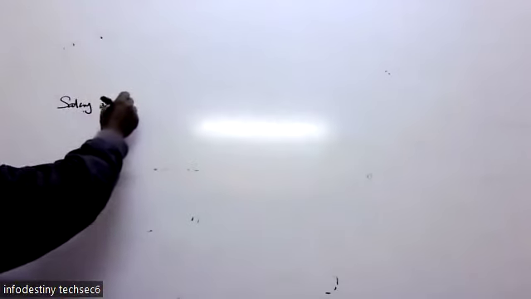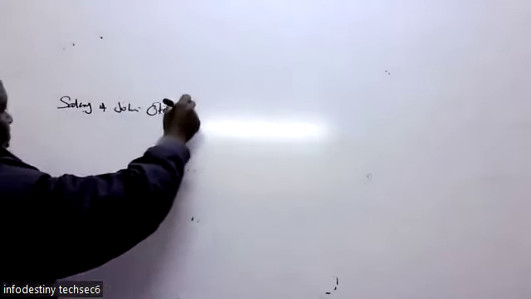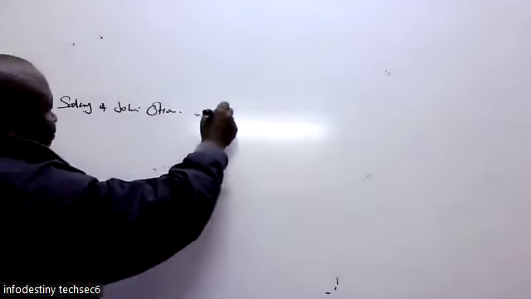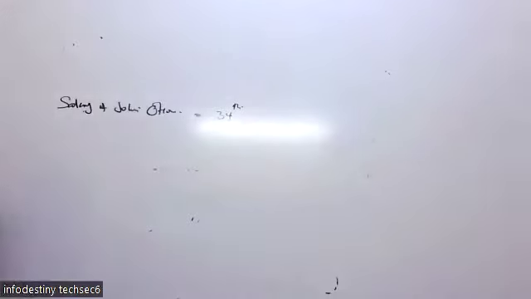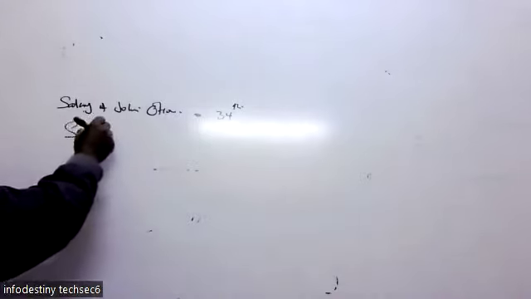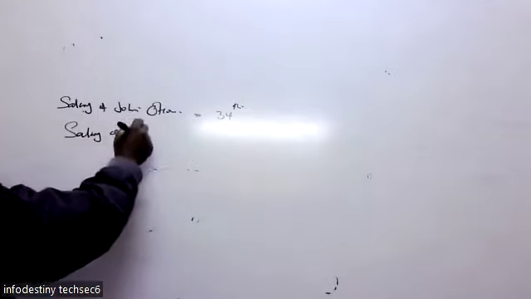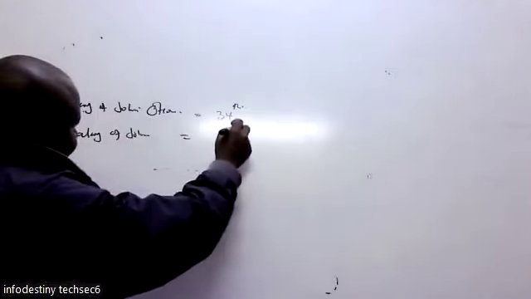Salary of John Otieno when he's at the age of 34 years. That's the total salary. Then we get the total salary of John Otieno when he's 35 years.